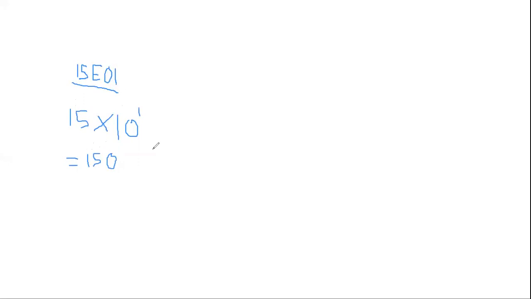Have you understood? Is there any problem for any student? No, sir. So if you write exponent form like 15E01, E01 stands for 10 power 1. If it is written E02, then it is 10 power 2.